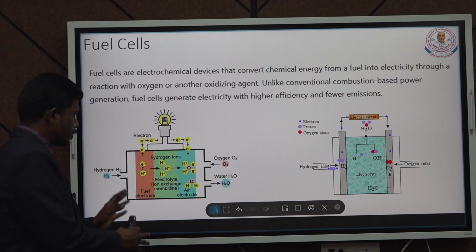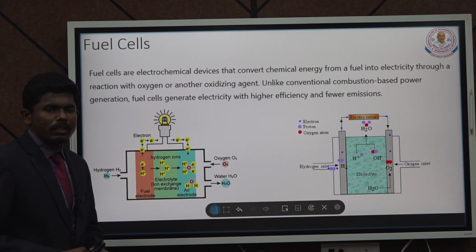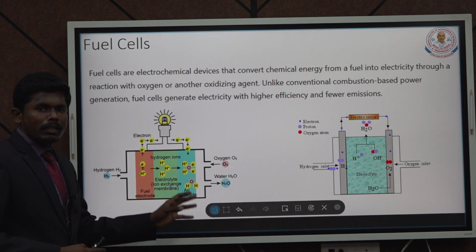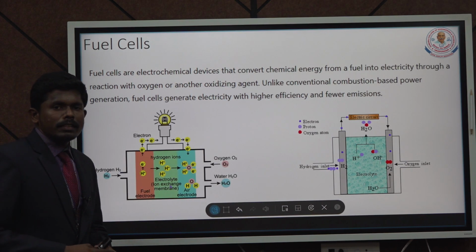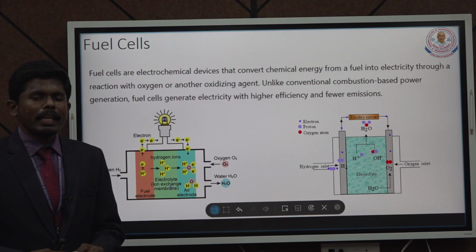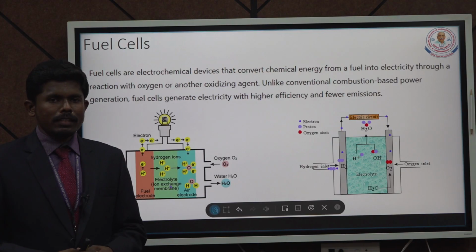This would be the structure of the fuel cell. It has its own anode, cathode and then electrolyte. This fuel cell does the work of converting chemical energy into electrical energy.